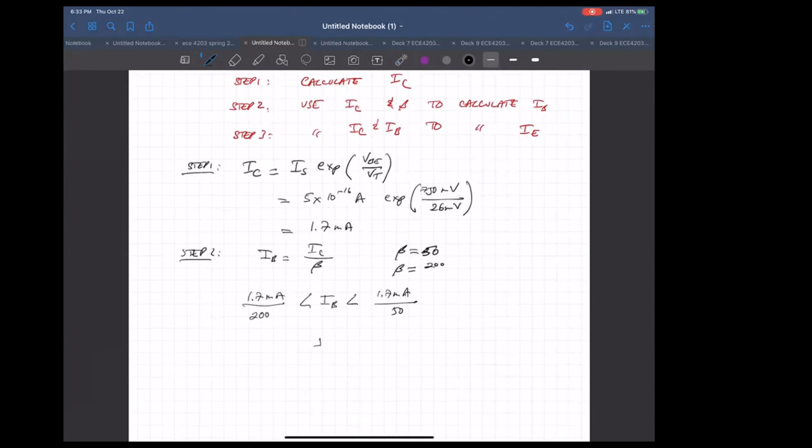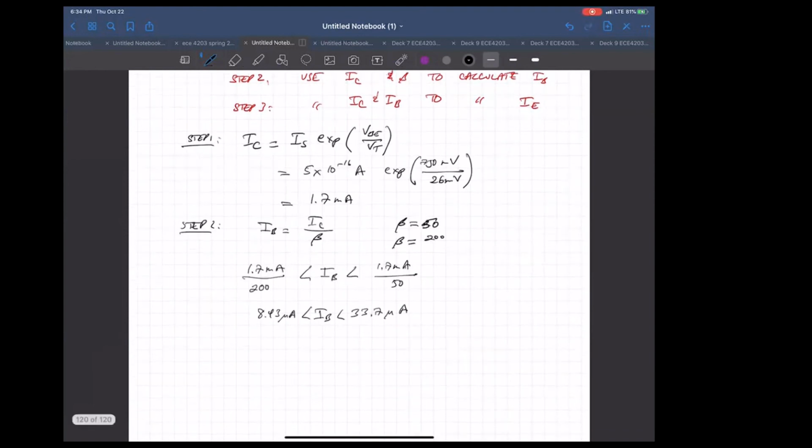So I sub b ranges between 8.43 microamps and 33.7 microamps.